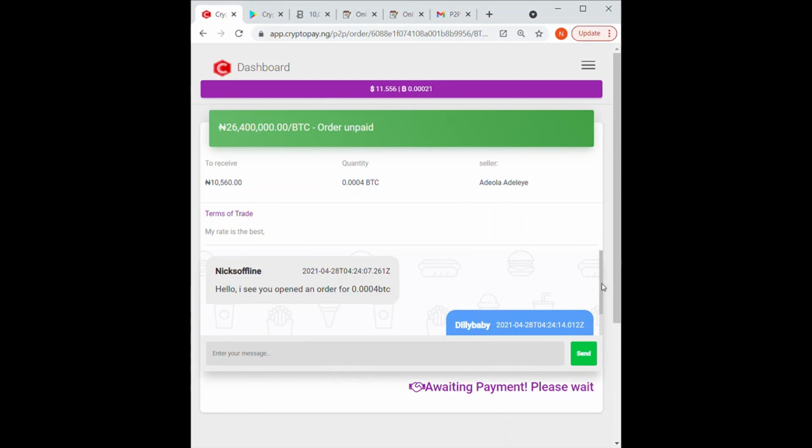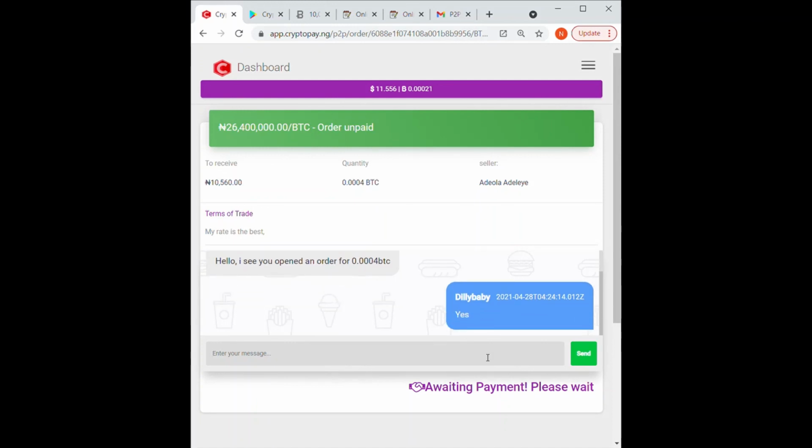Okay, so the person replied yes. Okay, so the person is requesting an account number. So the user wants to make payments.